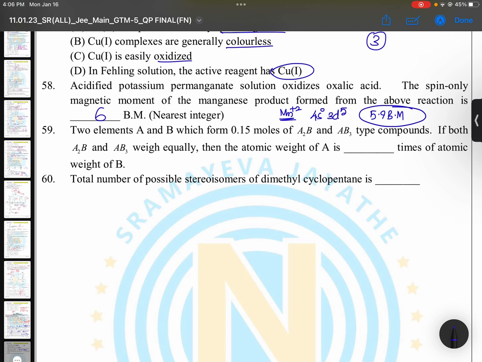Two elements A and B form 0.15 moles of A2B and AB3 type compounds. If both A2B and AB3 weigh equally, the atomic weight of A is dash times the atomic weight of B. Both are having the same mass, based on this line we need to solve.